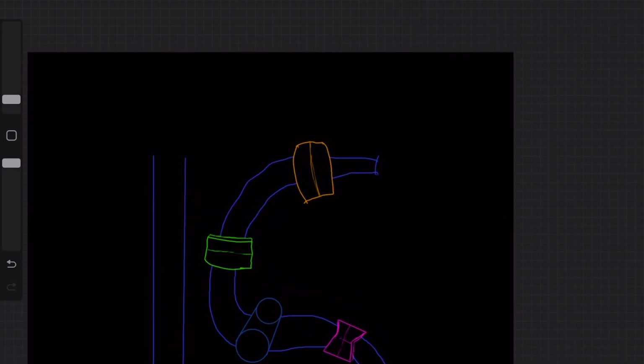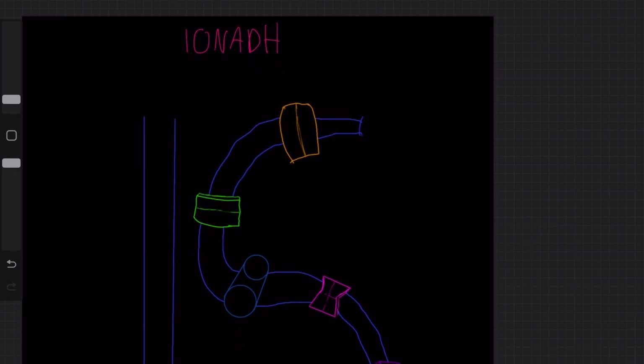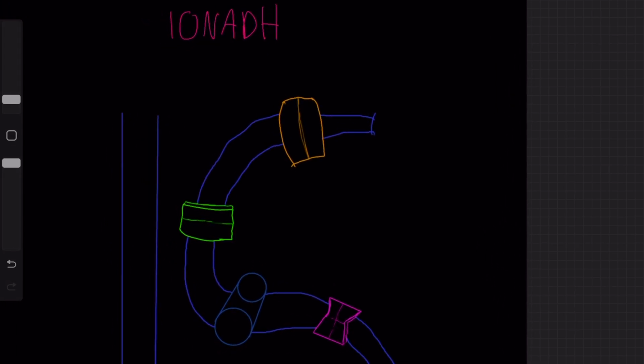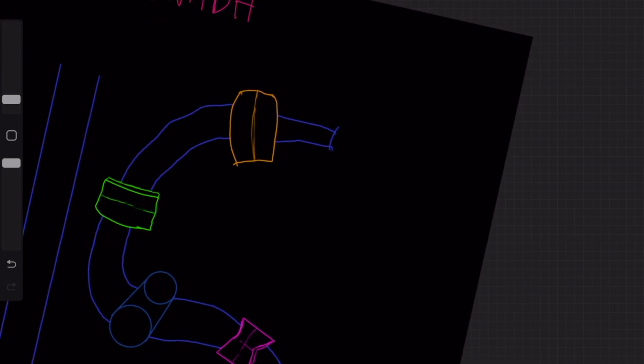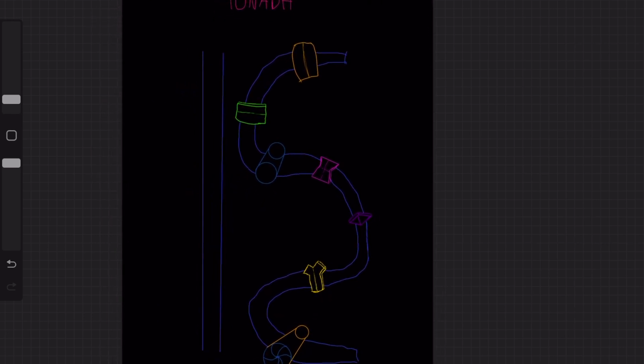All right, so remember that we have 10 NADH. We'll start off with NADH because NADH and FADH2 both have different pathways. So the whole process is, well, we have to first talk about the parts inside the inner membrane of the mitochondria.